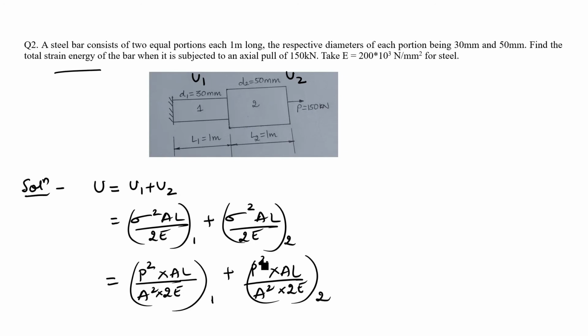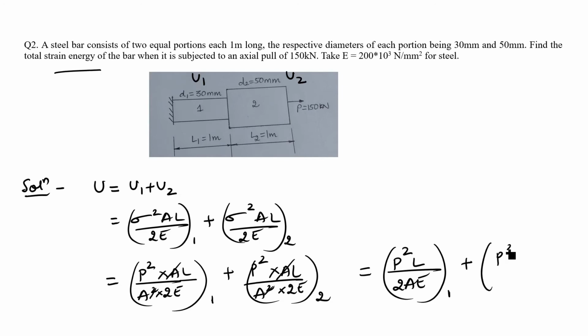This area gets cancelled out from numerator and denominator. So what remains is P square L upon 2AE for the first bar plus P square L upon 2AE for the second bar. Now P, L and E are common terms because they are same for both the bars. What is different is only the area.